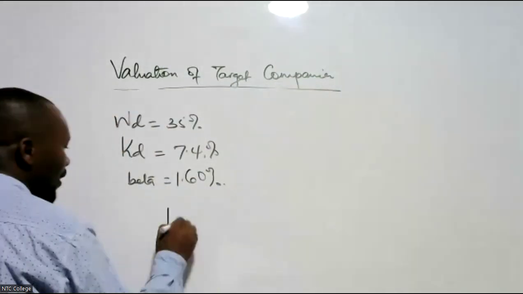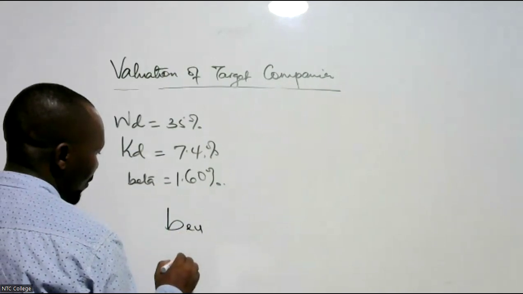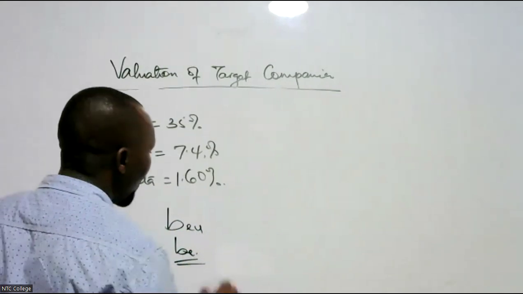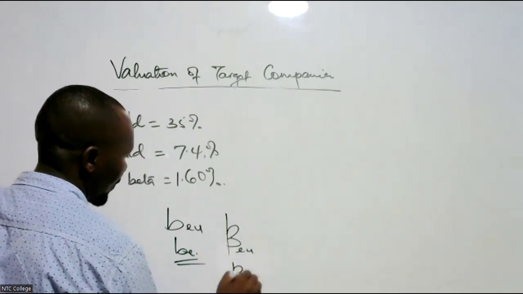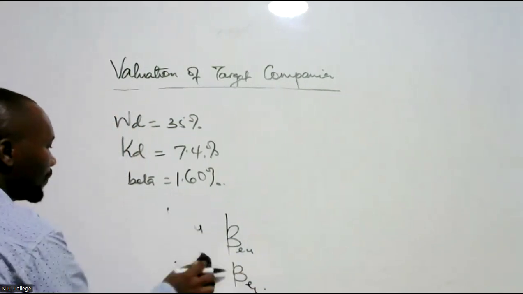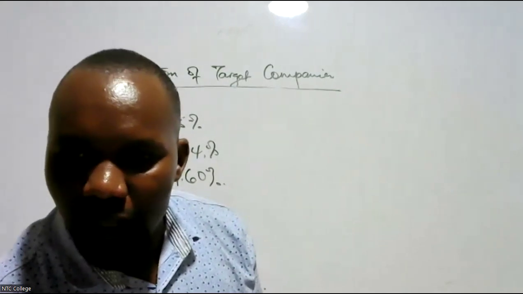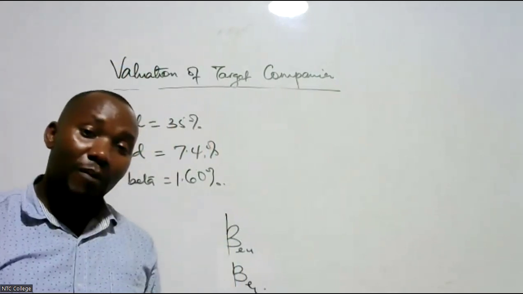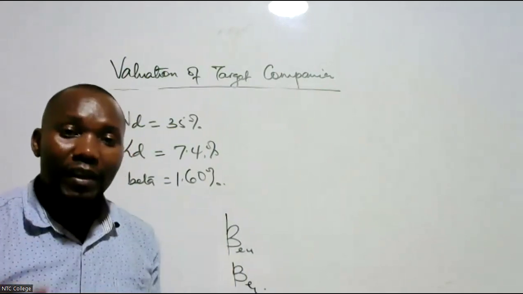Is it BU or BL? Beta of levered firm or beta of unlevered firm? Unajua ukisoma hii kitu inafaa unaelewa step by step. Levered firm. Thank you. Because we have been told that after acquisition, the structure will be levered.